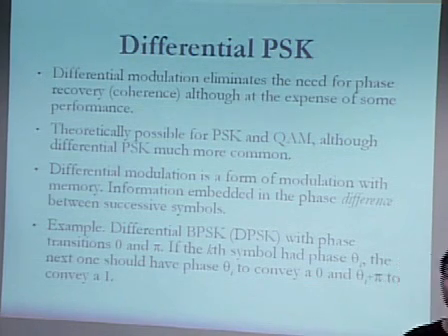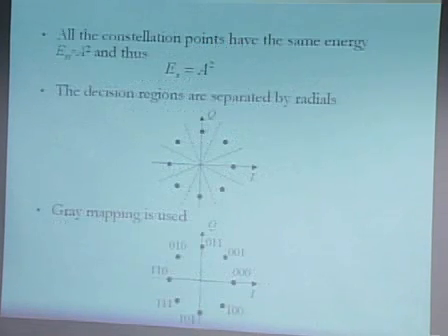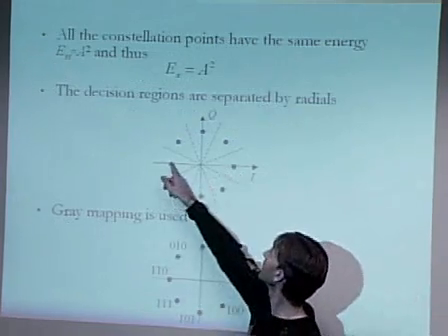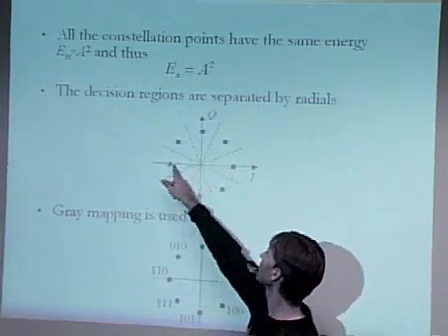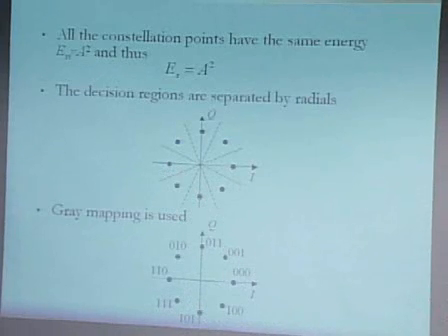The simplest form of PSK was the BPSK, which is the PSK with 2 points, binary PSK. So we have 2 points, 2 different phases, right? So BPSK would be, you have a point here and a point here, and that's it. The other points don't exist, right? You just have these 2 guys, phase 0 and phase pi. So in this case, the information is in the phase itself.